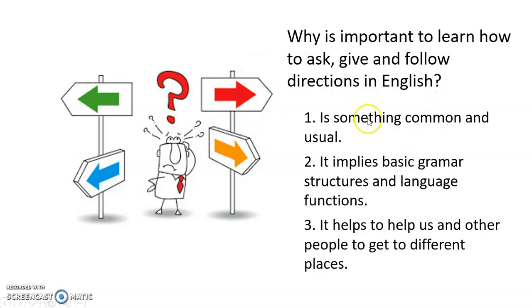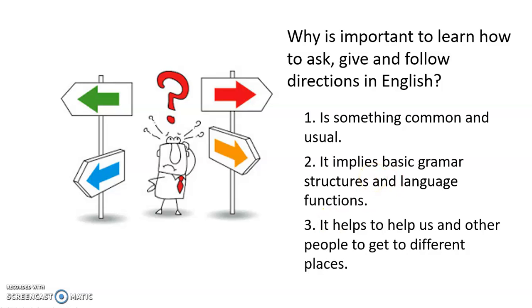Number 1, it is something that is common and usual. Okay? This is very common, and it's easy to happen to any one of us. It is something that is going to happen when we use English or any other language that we learn. Number 2, it implies basic grammar, structures, and language functions.